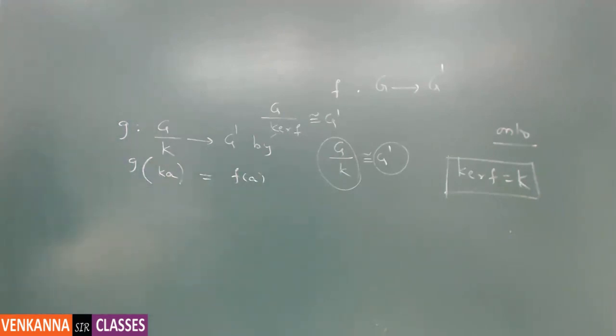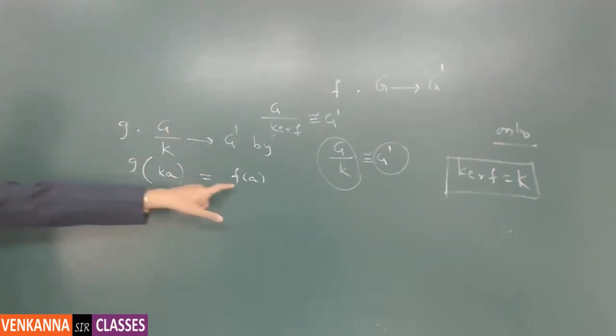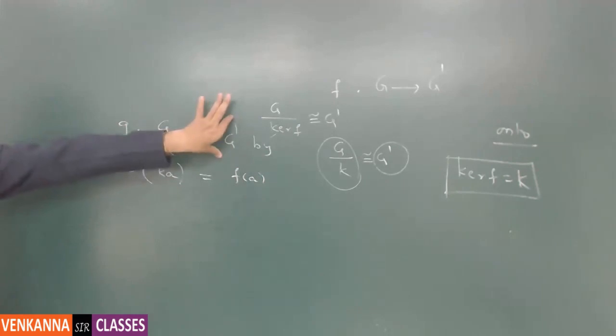Please understand how the function is defined. G by K contains all cosets. So in the domain, I pick up a coset. How is the coset paired? It is paired with the image of the element for which the coset is formed. So a, f of a, because G dash contains only images.